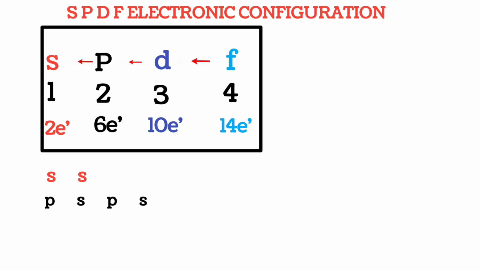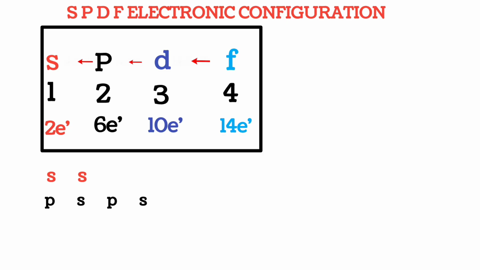Let's continue and come out with the series for the third orbital. Above 3, which represents the third orbital, we have seen the d orbital. In the rectangle, above 3, we have d. So we are going to come out with a series for the third orbital.